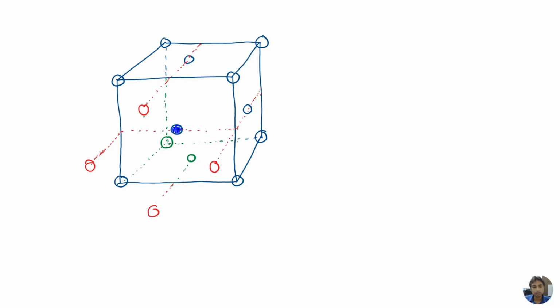If it is on the plane of the screen, this red one is coming out of the screen, perpendicular to this. This is going into the screen, this is going towards the left side of the screen, and this is going towards the right side of the screen. So these are the 4 points.